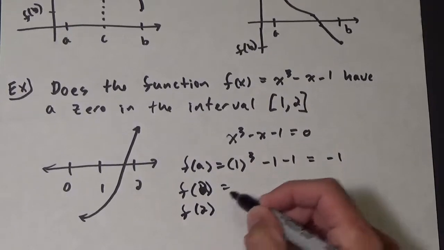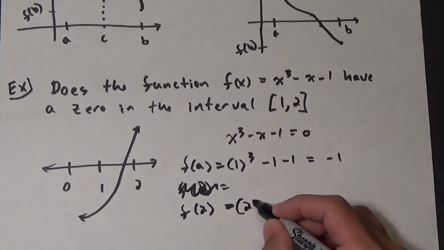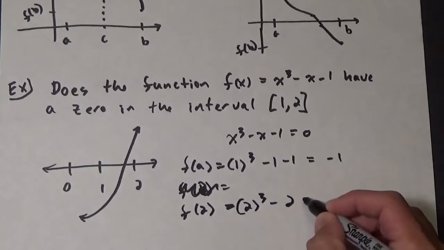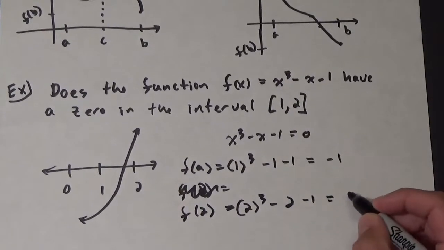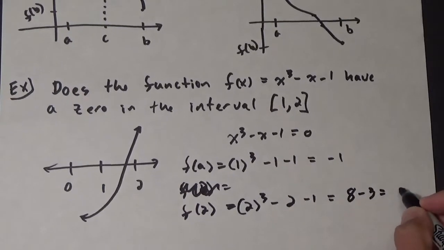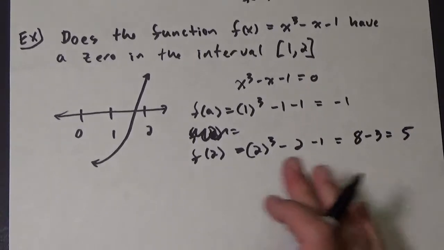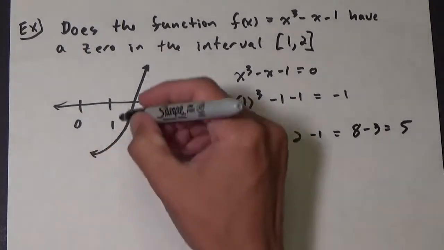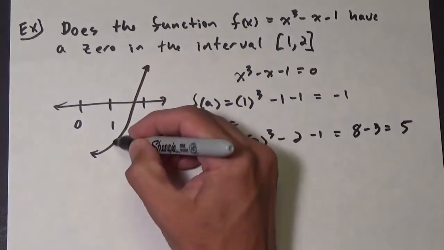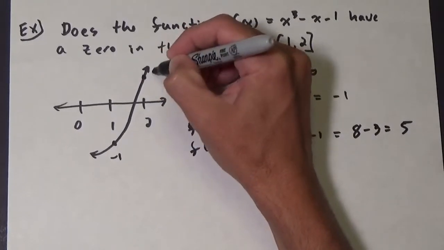F of 2 equals 2 cubed minus 2 minus 1, which is what? 8 minus 3, which is 5. Alright, well, because when we put in 1, we get negative 1, and when we put in 2, we get 5.